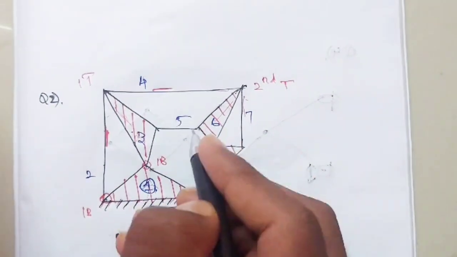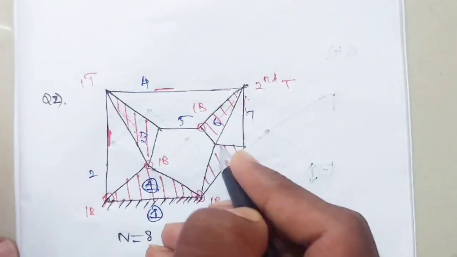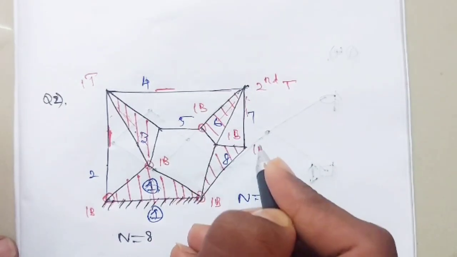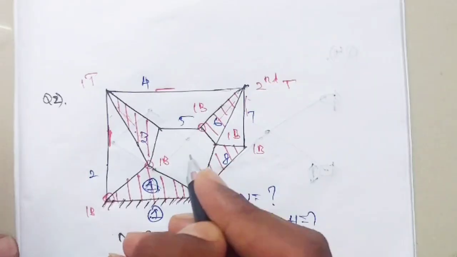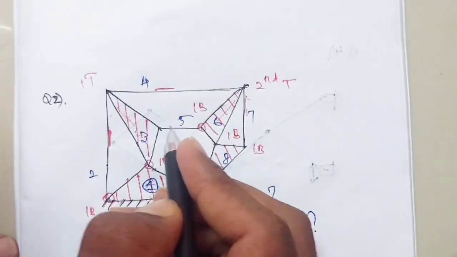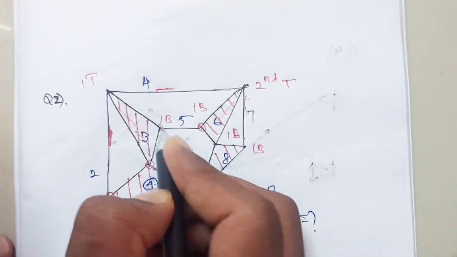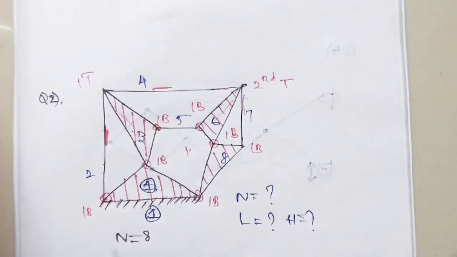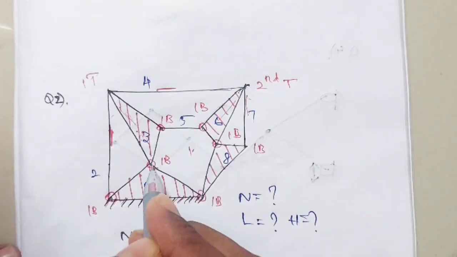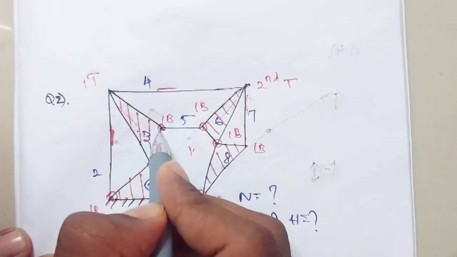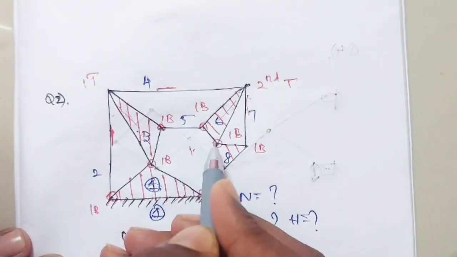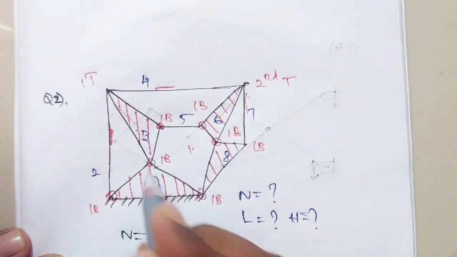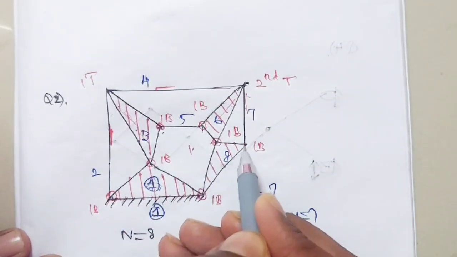And then the next binary: here 1 binary, here 1 binary, here 7 to 8 1 binary, here 6 to 8 1 binary, as I already wrote over here, and here 1 binary at this point, here also 1. We can count the number of binary joints over here: 1, 2, 3, 4, 5, 6, 7.